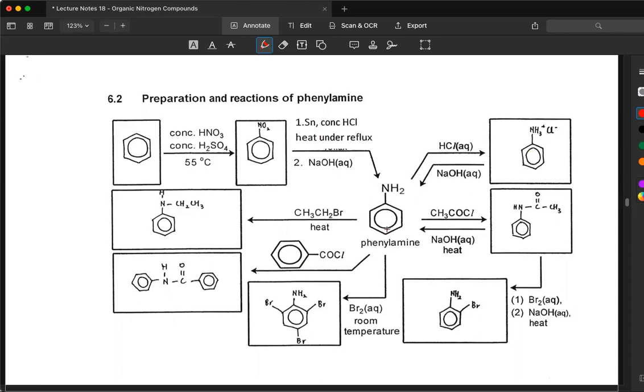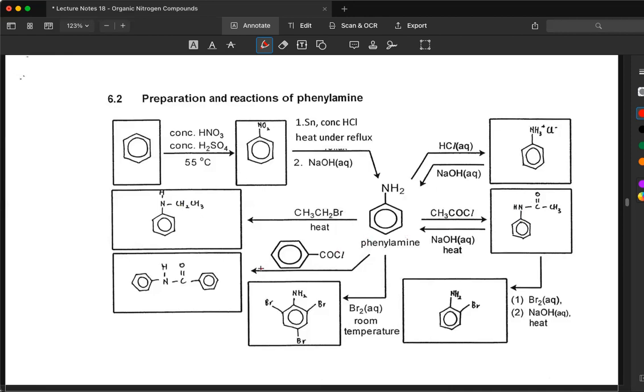The reactions of phenylamine can be, you can further do alkylation of it. So you can actually do this. Or you can add an acid halide, or reverse the process by hydrolysis. You break the amide linkage to form back the amine.